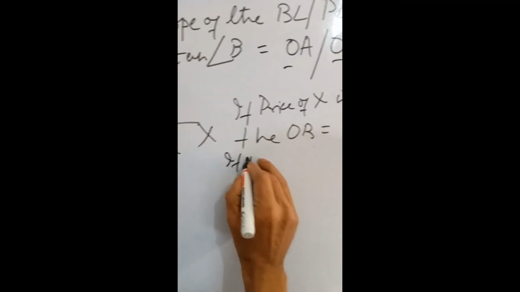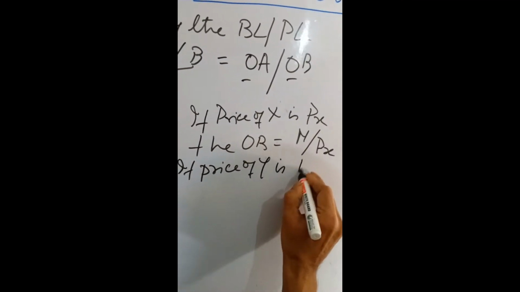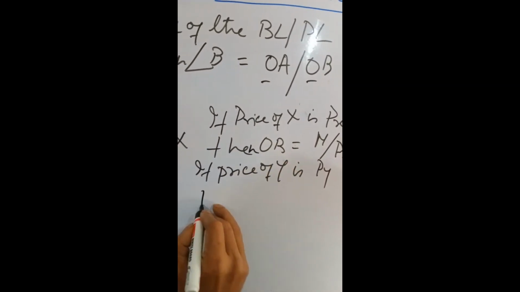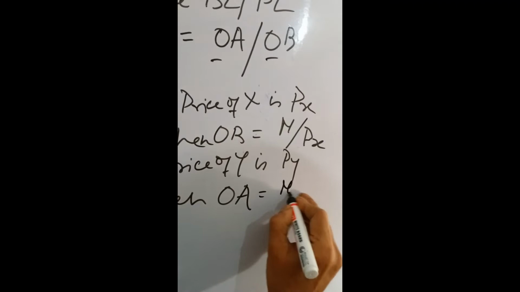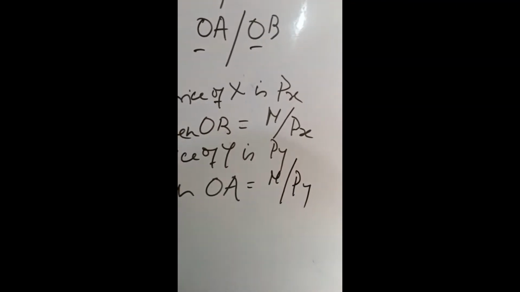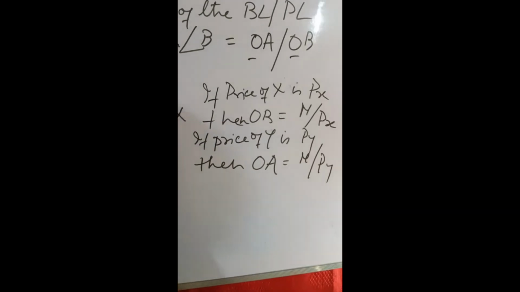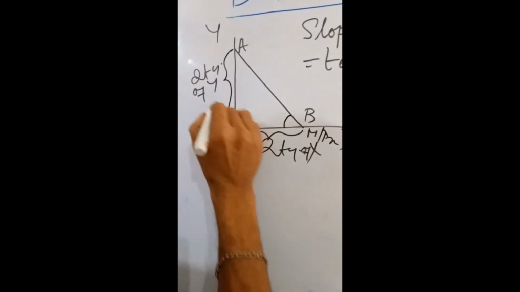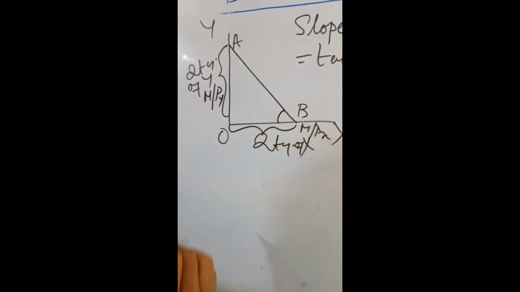If price of Y is Py, then OA is equal to M by Py, isn't it? This is M by Px and this is M by Py, as we have drawn just now in the last diagram.